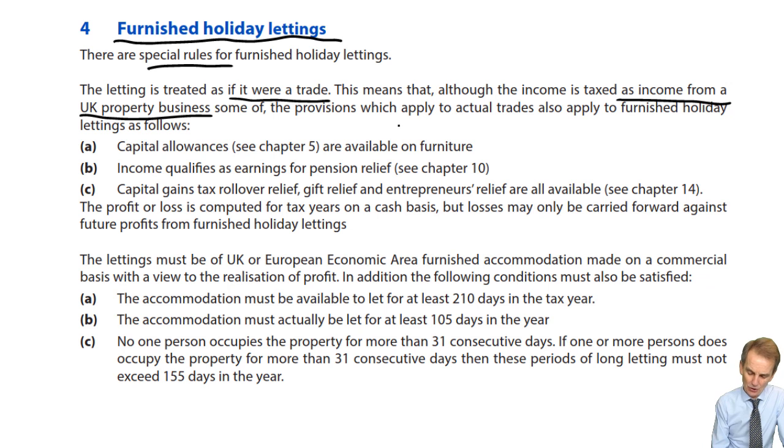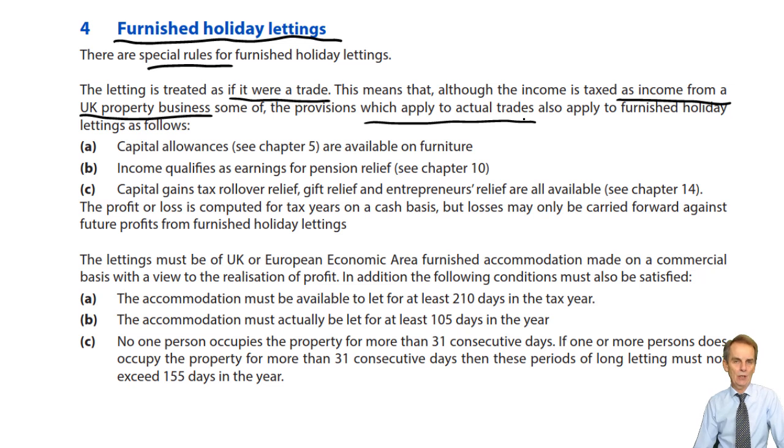Some of the provisions which apply to actual trades, your normal trading issues that you'll see in the next chapter and beyond, dealing with trading profits, some of the things that we see there will also apply now, but purely for this type of rental property, furnished holiday lettings. Okay, what are they? Now, we haven't dealt with these yet, so it's, again, not something for you to worry about, just an awareness at this stage.